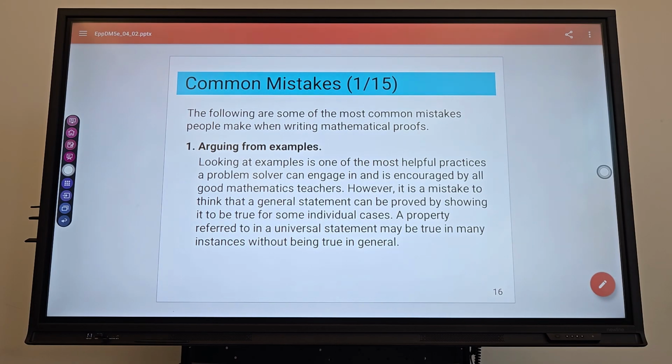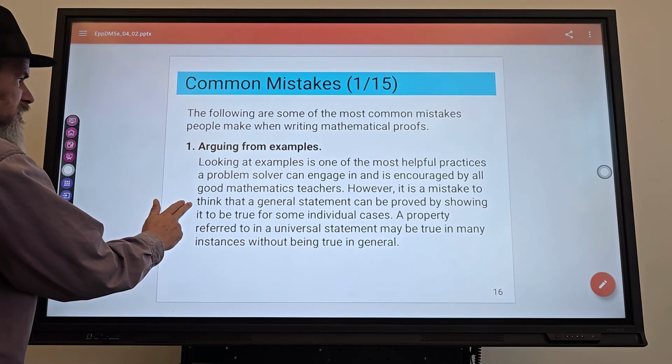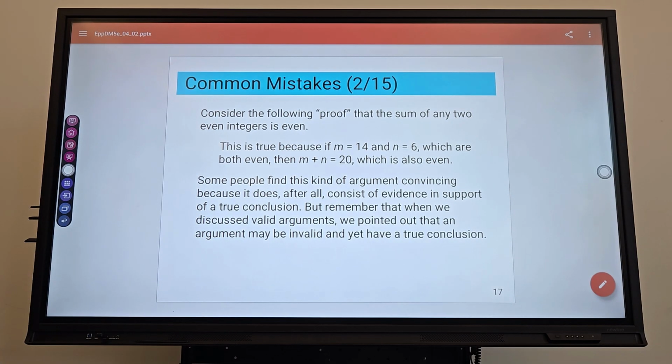However, it is a mistake to think that a general statement can be proved by showing it to be true for some individual cases. That's anecdotal evidence, which is not considered valid.